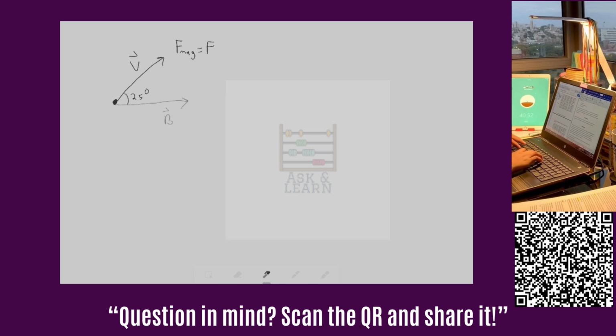Now, we're asked to consider another situation, one in which the angle has changed, but mostly everything else has stayed the same. So the object is going to be traveling at a different angle, but the magnetic field is still, say, this way, with the same magnitude. The particle is traveling at the same magnitude of velocity, but now we're traveling at an unknown angle. We do not know what this angle is.